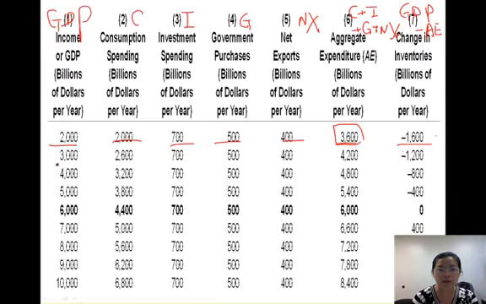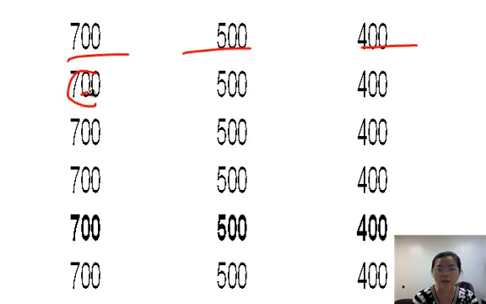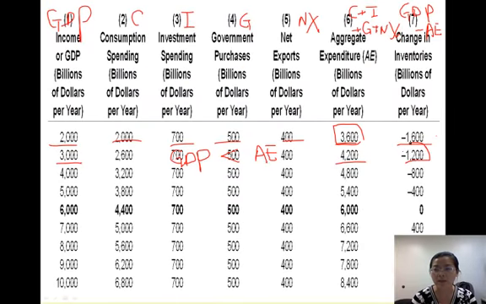Let's look at some different levels of GDP. First, let's look at 3,000, and at this time aggregate expenditure is 4,200. What does that mean? People earn $3,000 in income while they spend $4,200 on goods and services. So GDP is less than the aggregate expenditure. People spend more than what they earn in the economy. That caused inventory to decrease by $1,200.